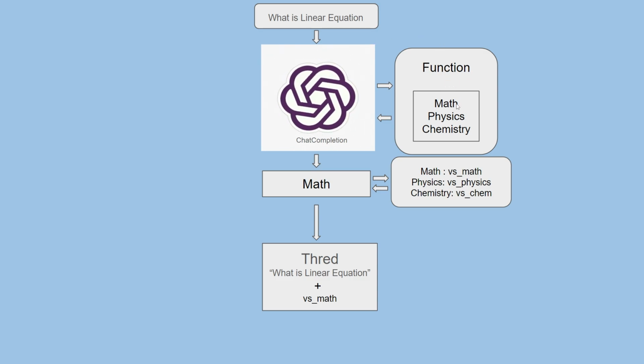So my function call will return the math subject, and based on the mapping that you have saved, it will select the math vector store ID, which will be vs_math. We will take this ID, combine it with our initial message, and send it to the thread creation.